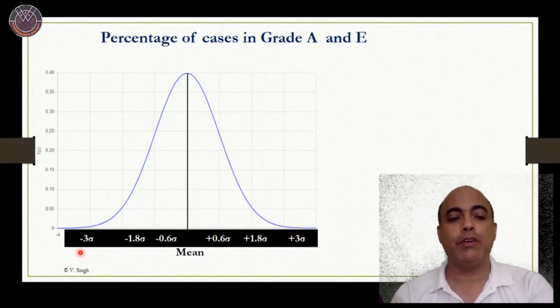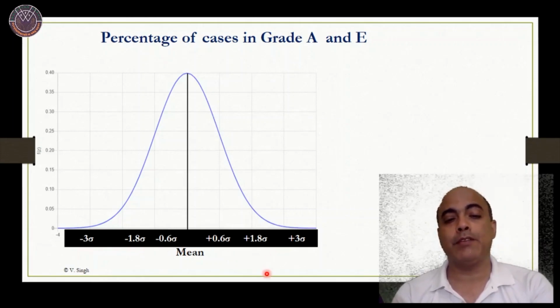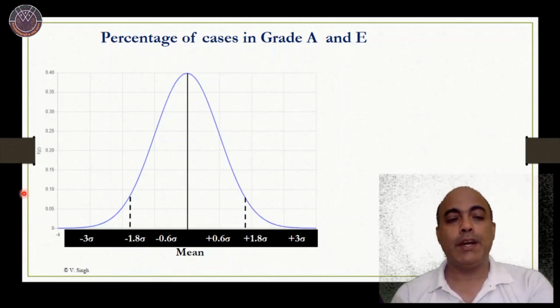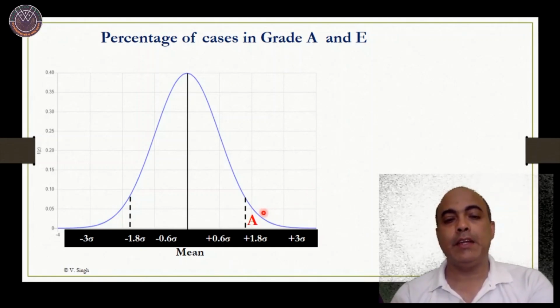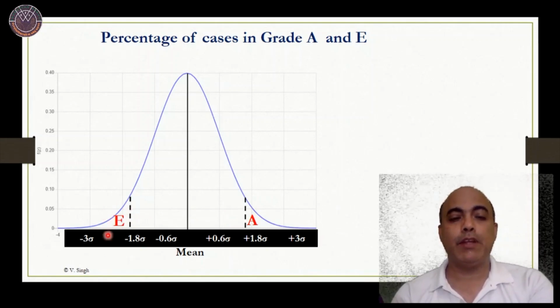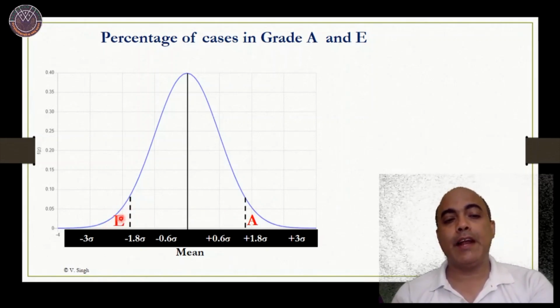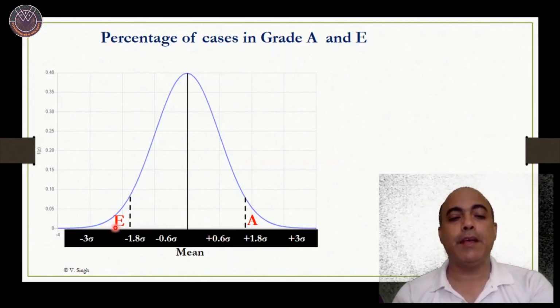So grade E is lying here and grade A is lying in this particular area. And we can clearly say that the percentage of cases in area A is the same as the percentage of cases in area E.